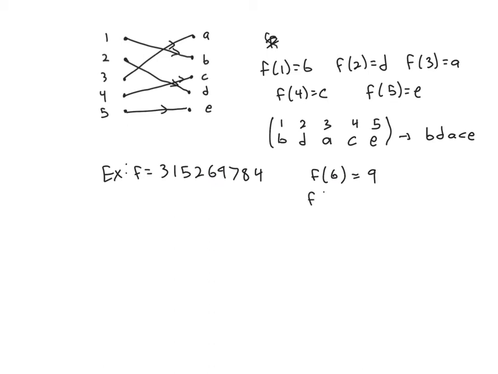Similarly, if I asked what is f of 3, it would be what's in the third spot. It's 5. Likewise, if I asked you what's f inverse of 8, that would be asking where does the 8 appear? And the 8 appears in this case in the 8th position.